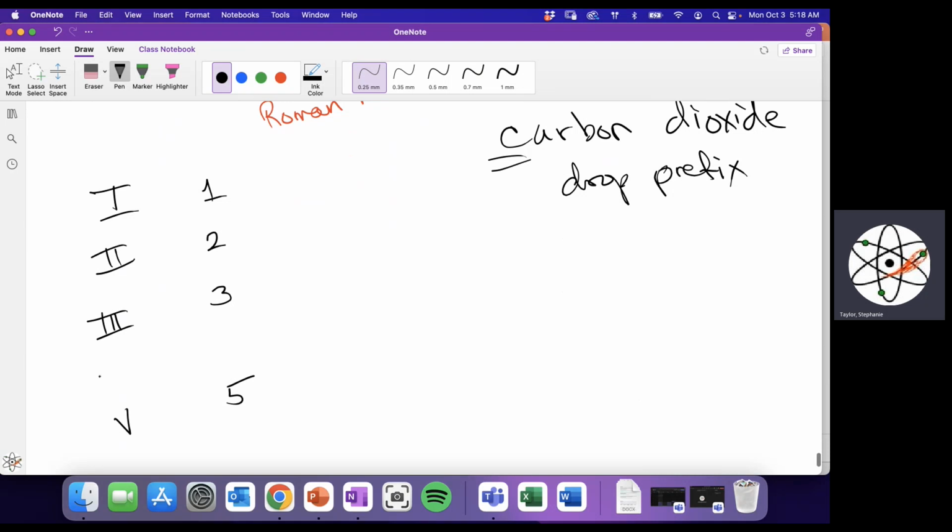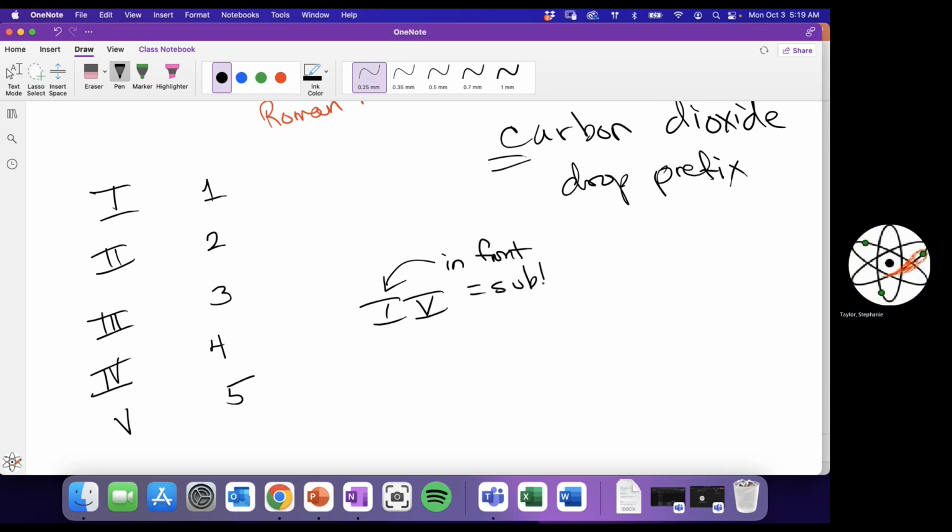So to do 4, we actually subtract 1 from 5. So that's how that one works, is V is 5, and when you put the I in front of the V, in front is subtraction.